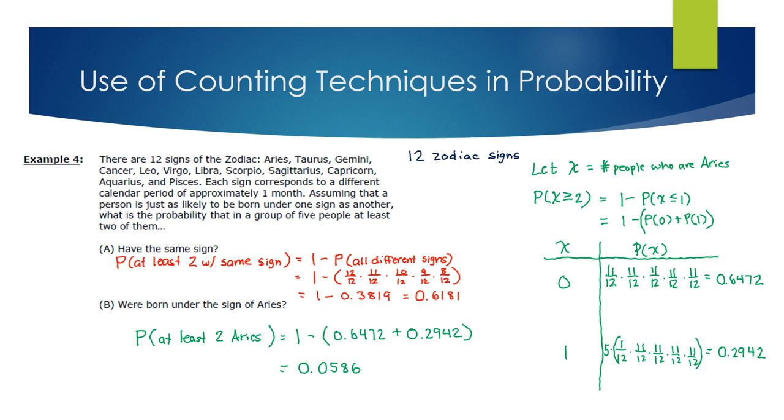So if I'm looking for the probability that at least 2 are with the same sign, it should be me taking 0.0586 and multiplying it by 12, because there's 12 different outcomes, and I should get something kind of close to what the other one has. Now, it's not quite the same, but it's a good approximation, because some of it's due to rounding things that we did along the way, so you have to keep that in mind.